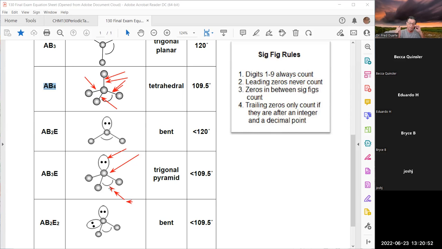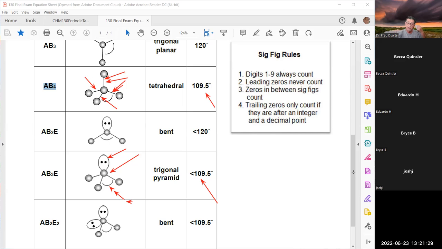One would anticipate a 109.5 bond angle like in tetrahedral, but because the lone pair occupies more space, it shoves those 3 B's away and down, resulting in a bond angle less than 109.5, even though there are 4 moieties around the central atom. It's just that one of the moieties occupies more space and shoves the rest down, reducing that bond angle.